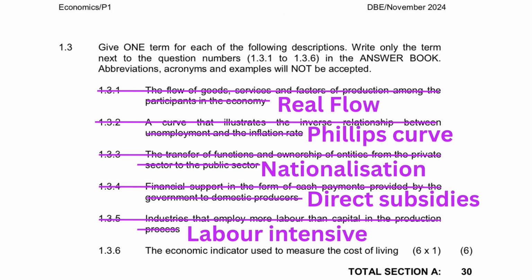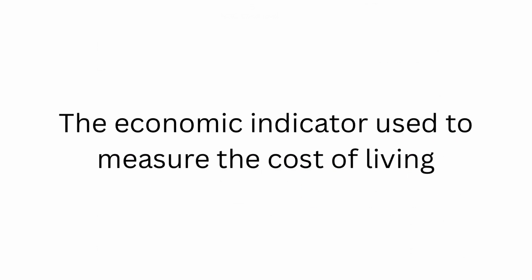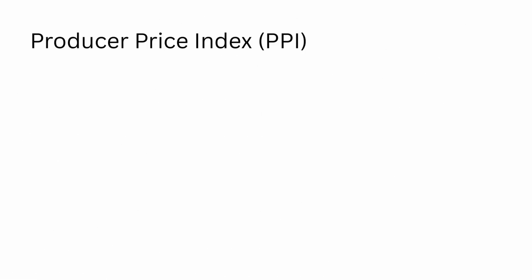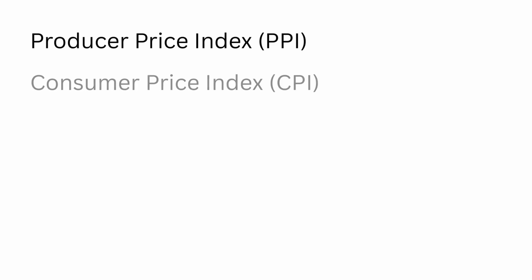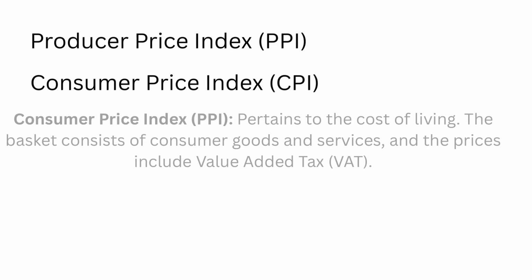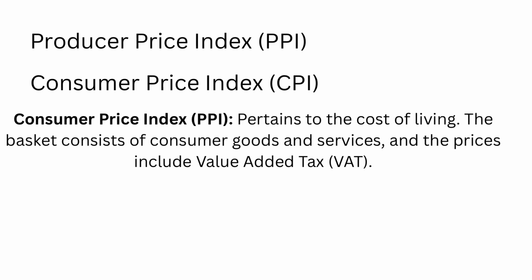Lastly, we have 1.3.6, which says the economic indicator used to measure the cost of living. But now remember, we have Producer Price Index, also known as the PPI, and Consumer Price Index, also known as the CPI. So note, Consumer Price Index pertains to cost of living. The basket consists of consumer goods and services, and the prices include value added tax, VAT.